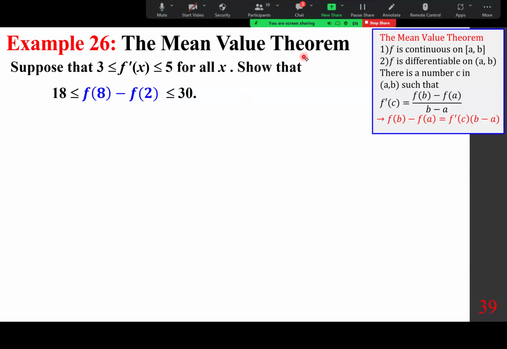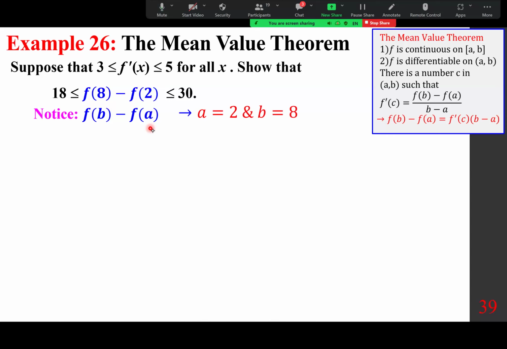Notice, according to this, you can think of f of b minus f of a. And therefore, this is b, this is a. So a is 2, b is 8.